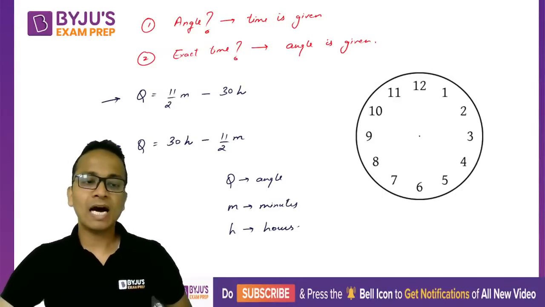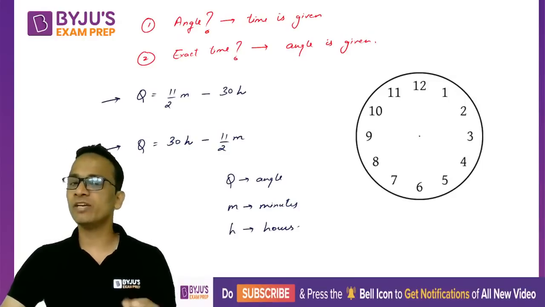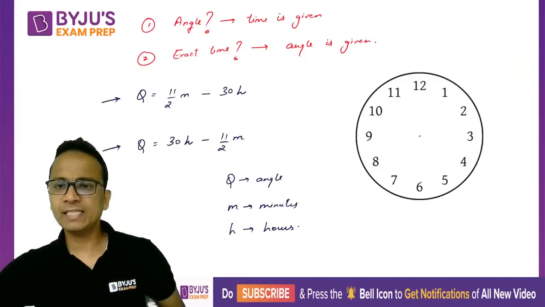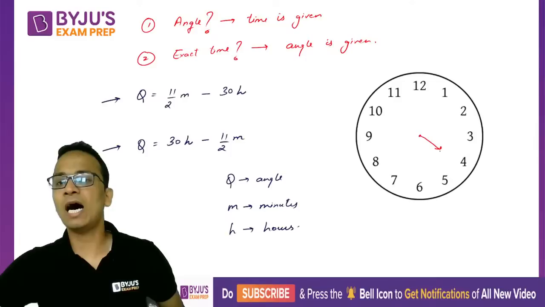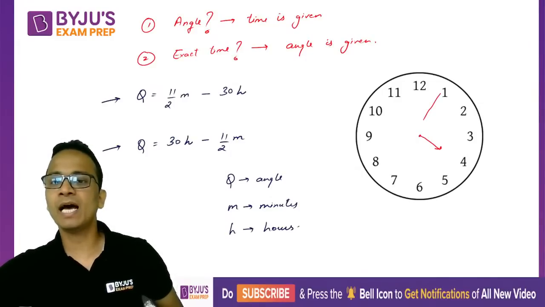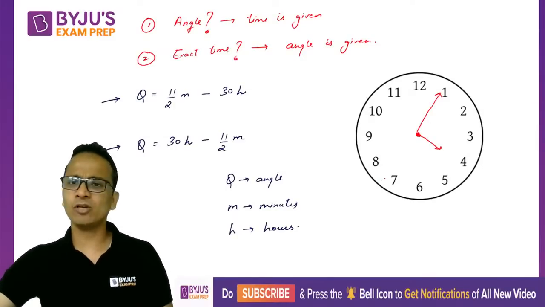Now I have given you two formulas as you can see. Let's see which formula is to be used in which scenario. Let's say I have the position of the hands like this: the hour hand somewhere between 4 and 5 and the minute hand before the hour hand.